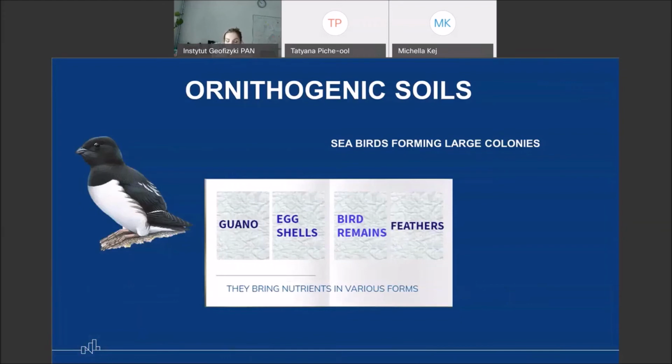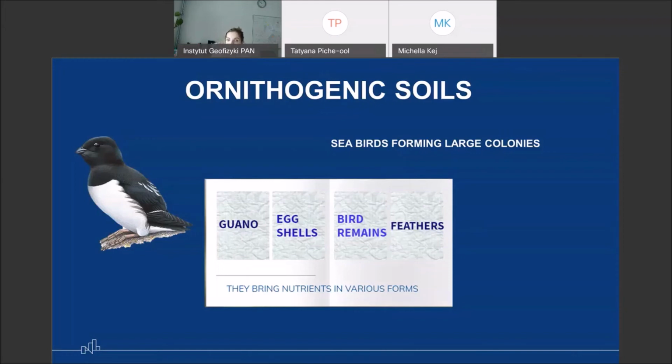It's not the case everywhere that they are completely poor in nutrients. Arctic ecosystems are generally nutrient poor, but some organic matter is added to the soil, not by people who try to fertilize it, but naturally, thanks to populations, especially populations of seabirds.